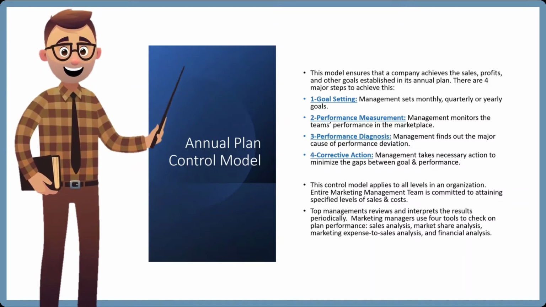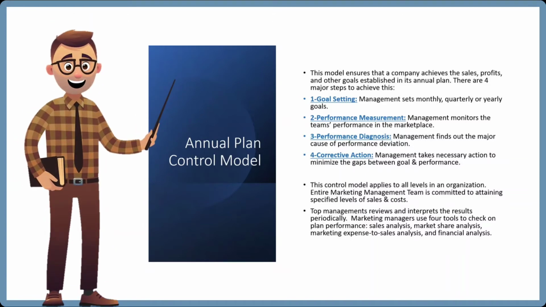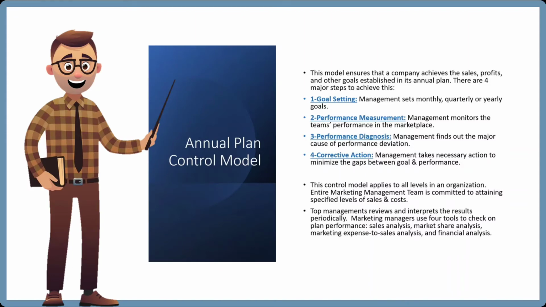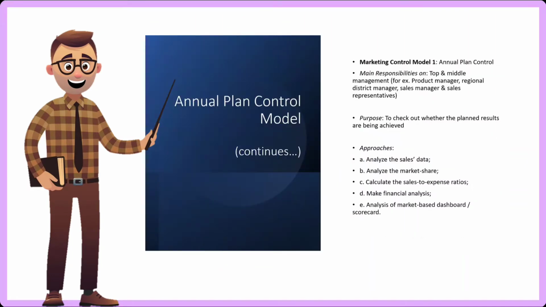Marketing managers use 4 tools to check on plan performance, which are sales analysis, market share analysis, marketing expense to sales analysis and financial analysis. Here the main responsibility lies on top and middle management, for example product manager, regional district manager, sales manager and sales representative. The purpose is to check whether the planned results are being achieved.